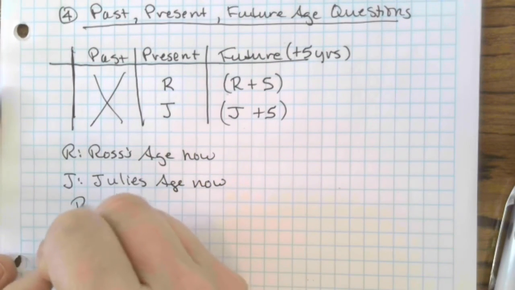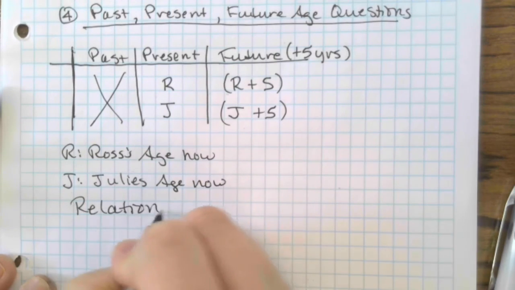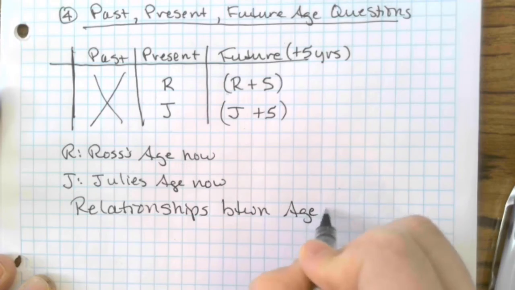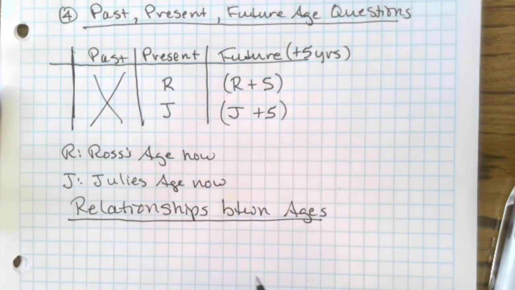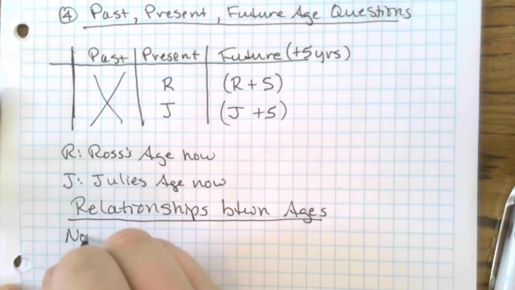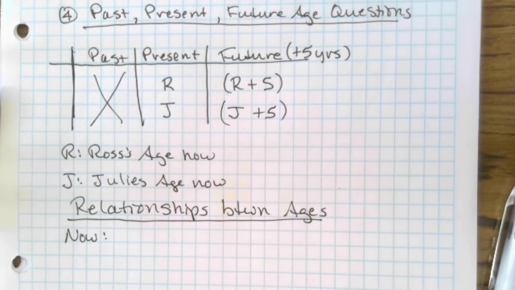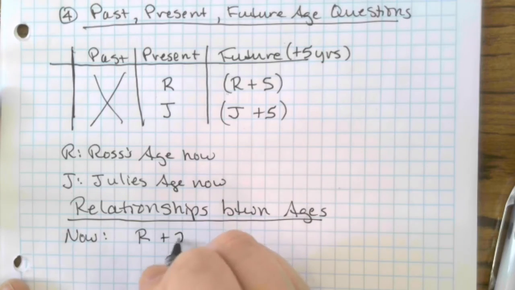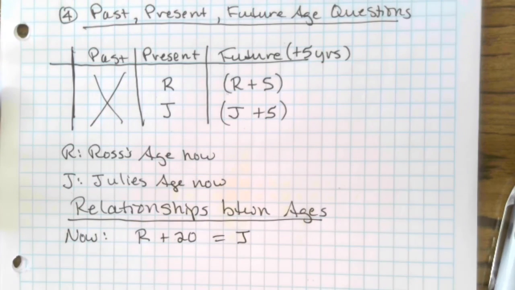All right, so now we're going to do relationships, the relationships between the ages, and these will be our equations. So right now, this is our current one, right now Ross is 20 years older than his niece. So if I take Julie's age plus 20 years, that's going to be Ross's age. That's now.